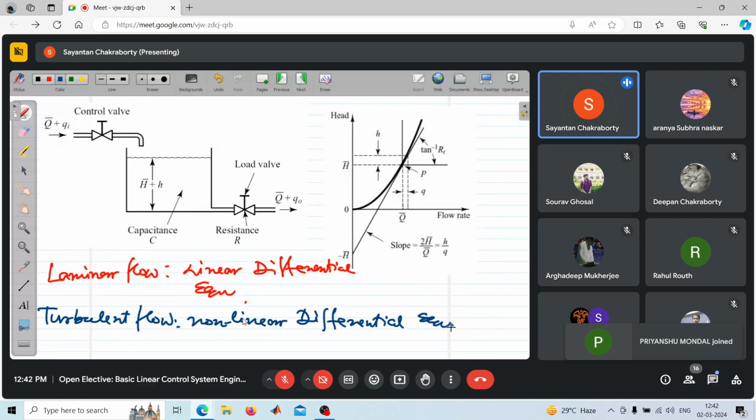So we'll see how we can obtain a mathematical model for the fluid system that we have assumed here.